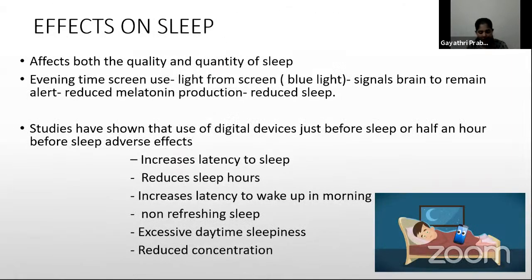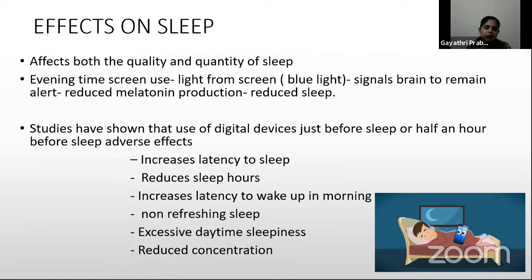Now, the next important thing that I wanted to talk with regard to digital eye strain is its effect on sleep. Now, all of us know that all these screens emit some amount of blue light. This blue light is actually very essential to keep track of the circadian rhythm, for the body to keep a track of when it is morning, when it is night.